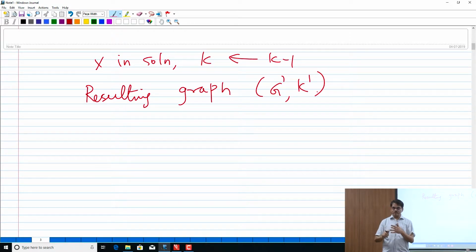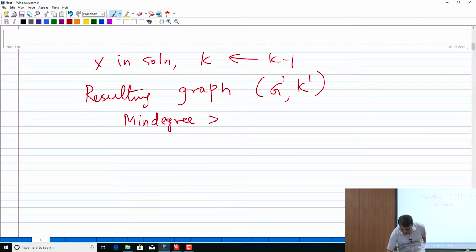Loopless, okay. What else? No degree 0, no degree 1, no degree 2 as well. So the minimum degree in G prime is at least 3. Right? Because all I have done is deal with vertices of degree 0, 1 and 2. Minimum degree is at least 3.